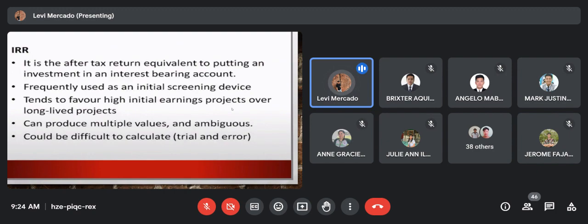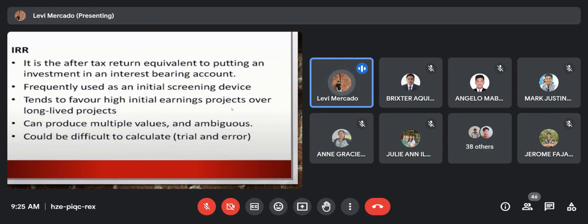Next is IRR. What is IRR? Internal rate of return. IRR ay rate of return lang naman on an investment. Siya yung nagbibigay ng value sa NPV, net present value of greater than or lower than zero.